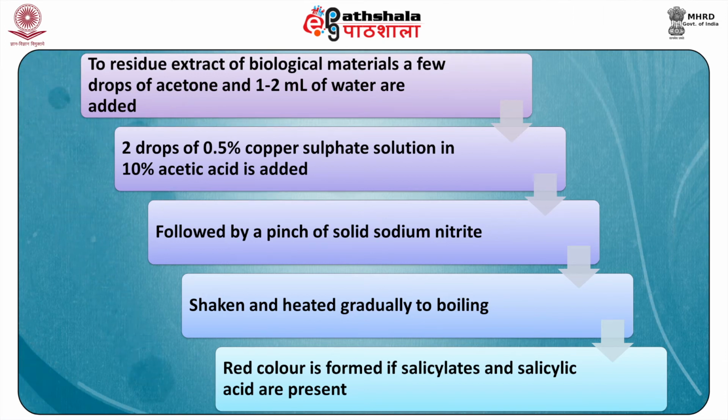It is then shaken and heated gradually to boiling and then maintained in boiling conditions for a few minutes. And what will be the result that you have to look for? A red color, if formed, will indicate that salicylates and salicylic acid are present.